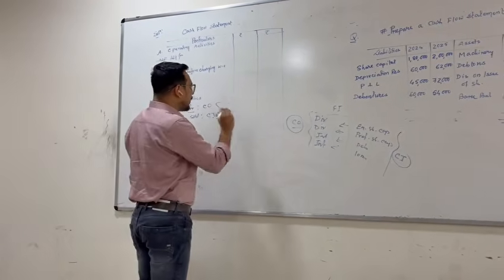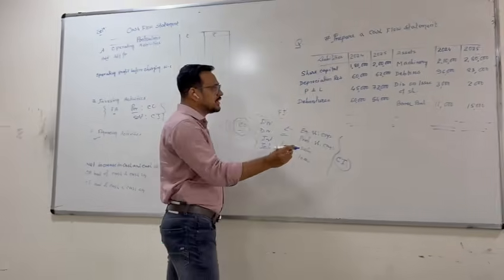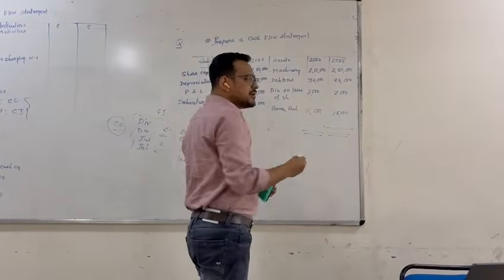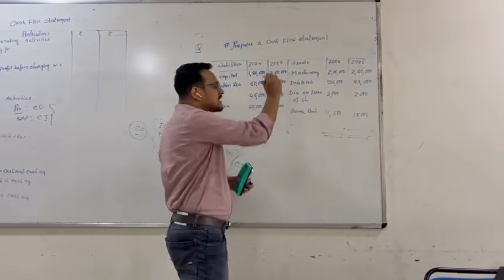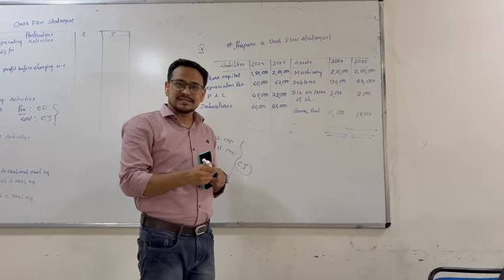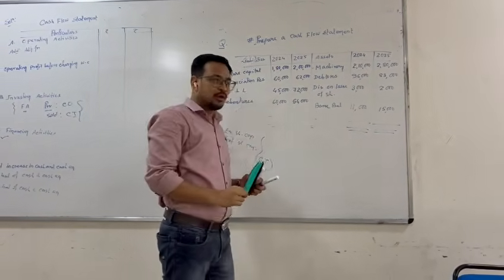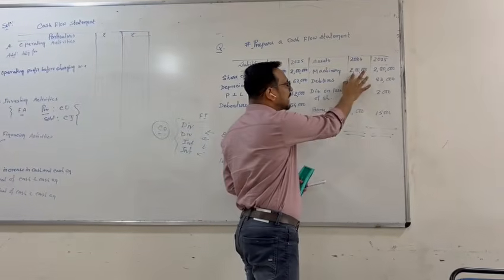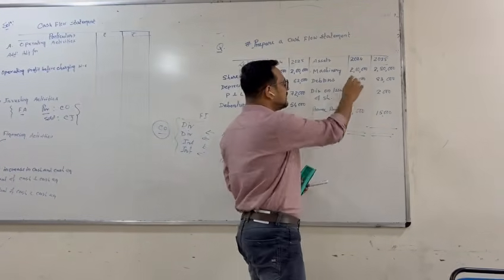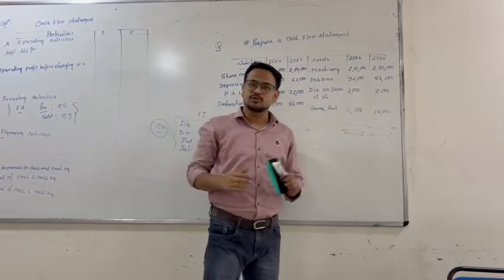Remember one thing. For example, there is machinery, which is our tangible fixed asset. We have two years, 24 and 25, and two values given, 2,10,000 and 2,80,000. Current year is 25, previous year is 24.